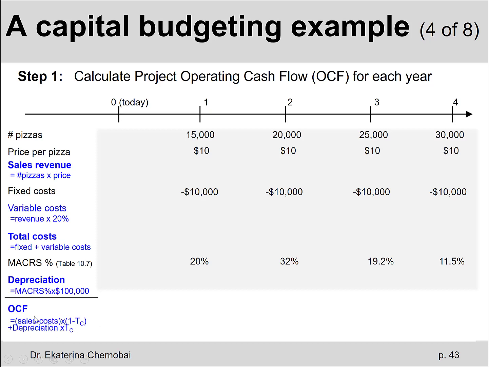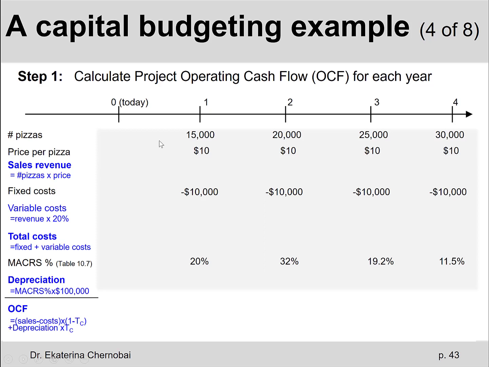Okay, so if you look at this depreciation tax shield formula, then we need 3 big things: sales revenue, production costs, and depreciation for the year. And this is why we are calculating the sales revenue for every year first. And the sales revenue is the number of units times the price per unit. So the number of pizzas multiplied by the price per pizza.